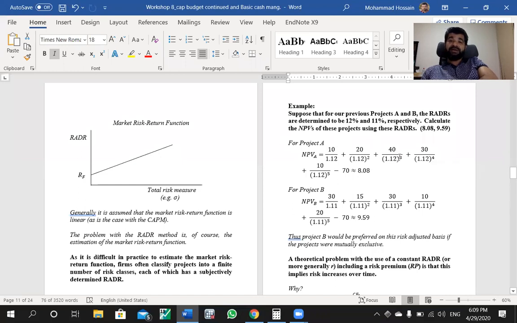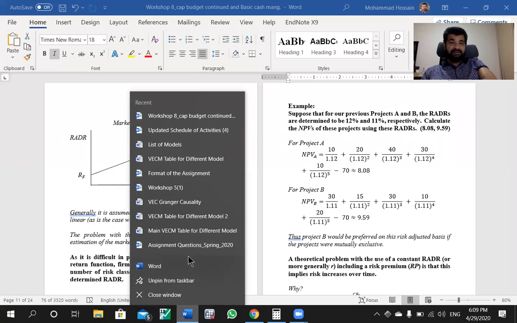Now let's look at this project. Two projects we have, project A and project B. Suppose for our previous project A and B, which is coming from last week. Let's see if I can get back to last week's file. It's not here.